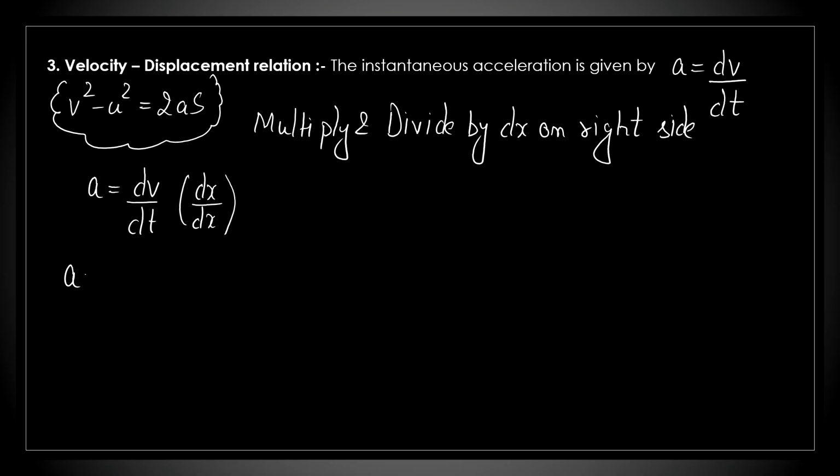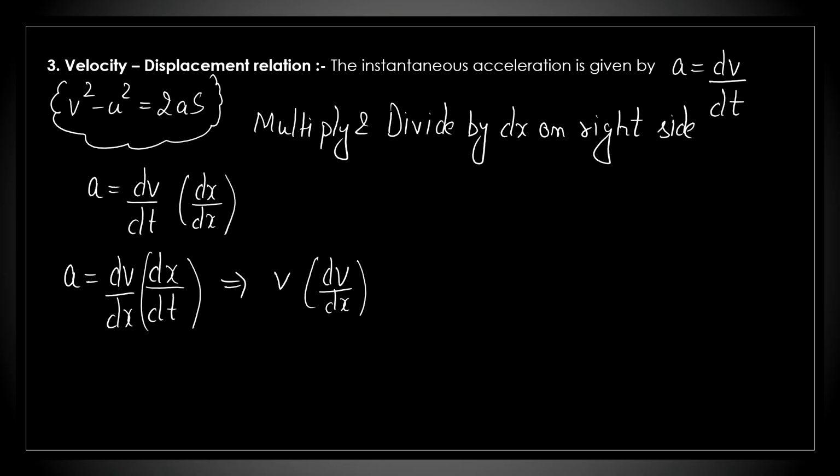Then a equal to dx upon dt and dv upon dx, then v dv upon dx, because velocity is dx upon dt.